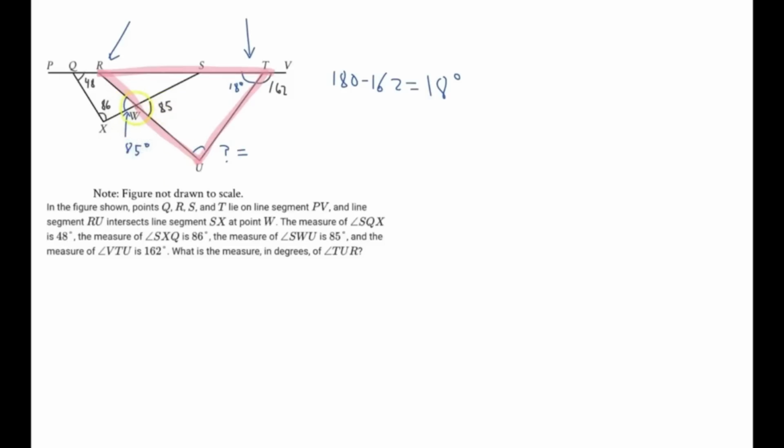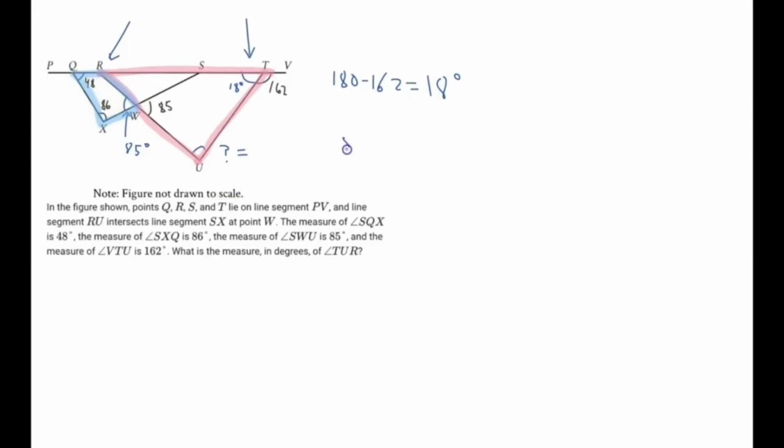And now another thing I want to note is that this quadrilateral QRWX has four sides, right? And it's a closed shape. So because of that, this will have 360 degrees. And so what we've just done is we found three of the angle measures.